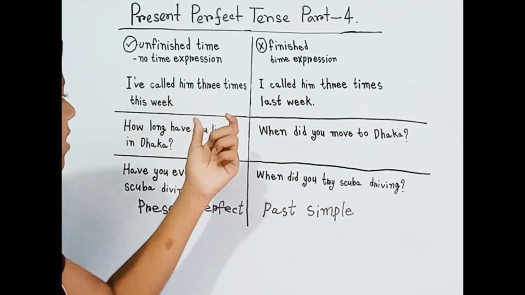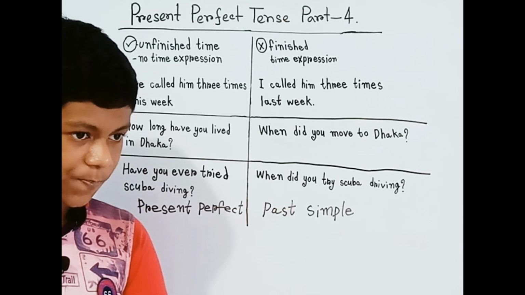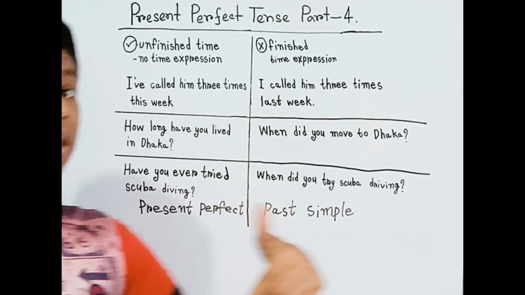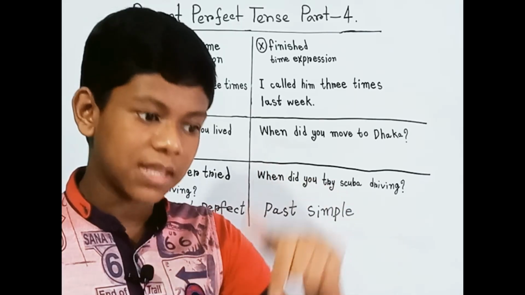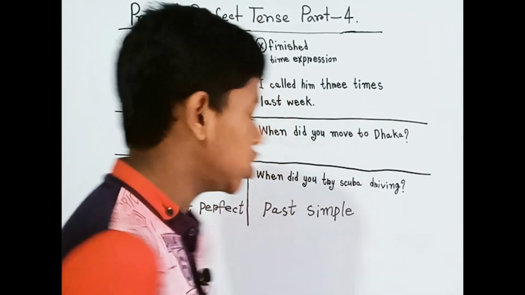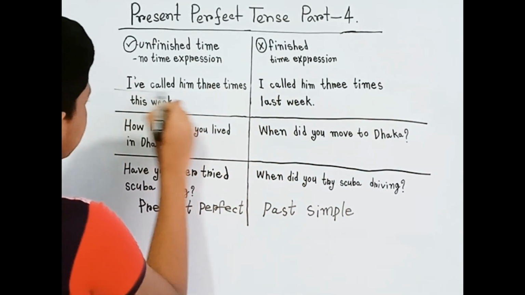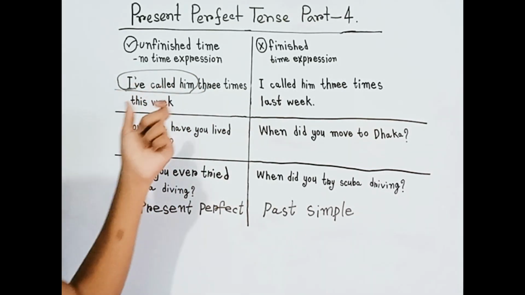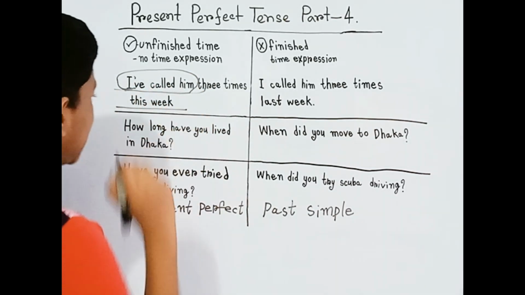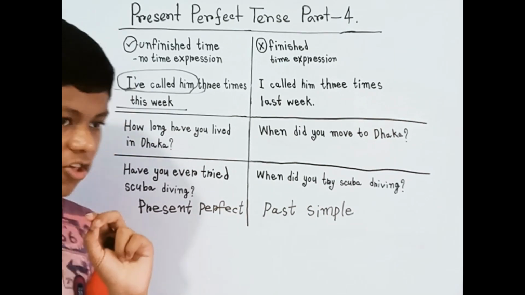I have called him 3 times this week. This week indicates the unfinished time. You have called this week, but this week isn't finished. So this is the present perfect, and this week indicates the unfinished time expression.